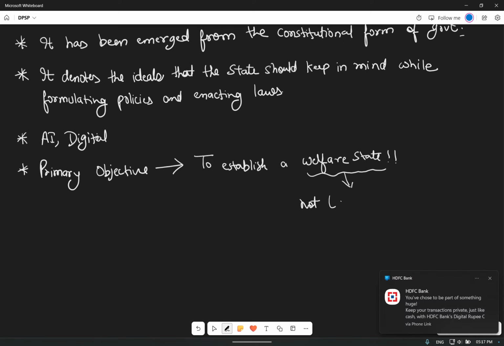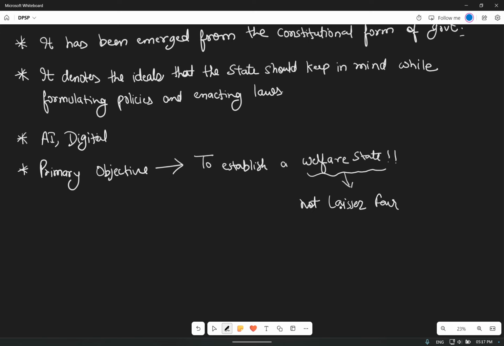As per the requirement people used to twist and all. So that kind of thing should not be there. It should be a welfare state, okay.